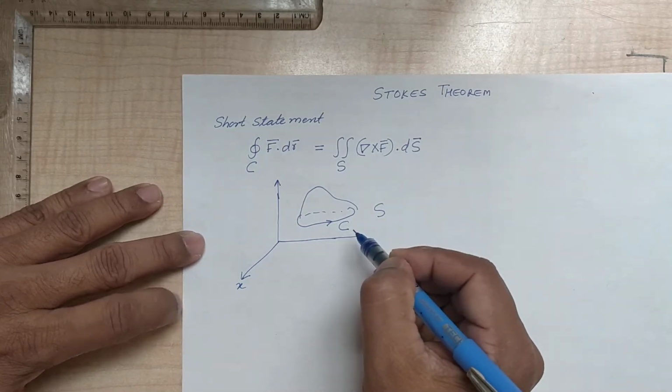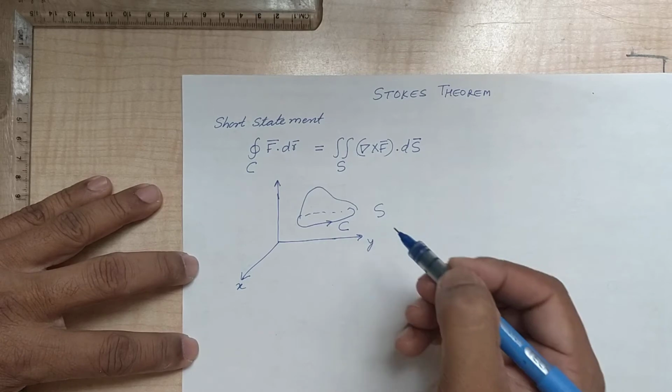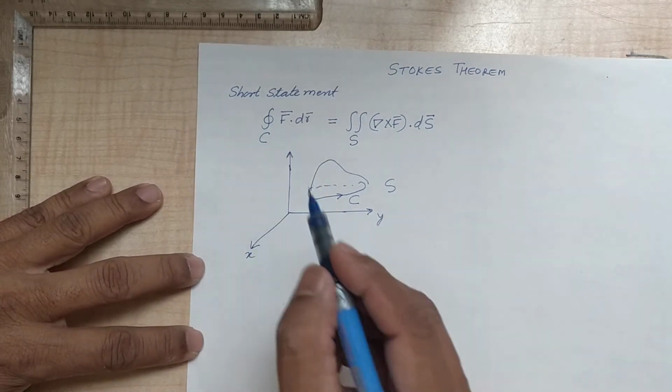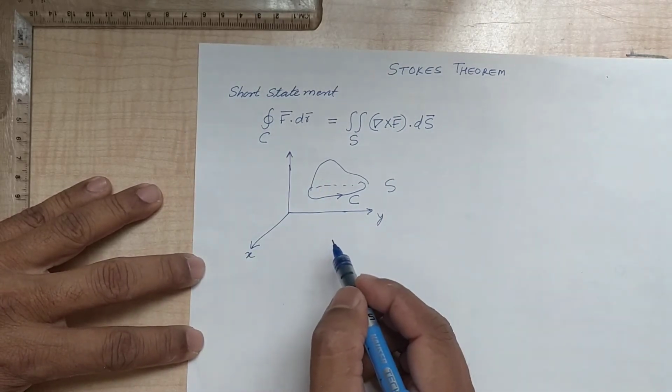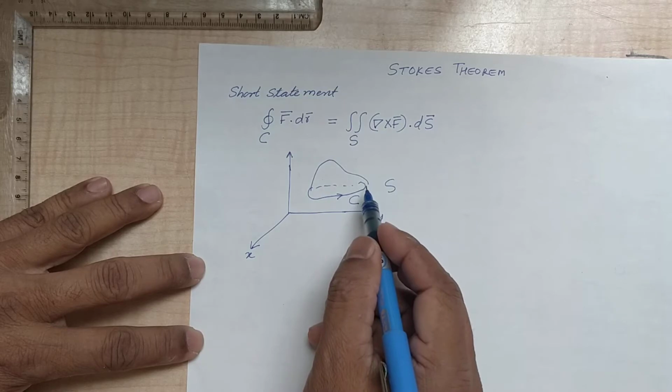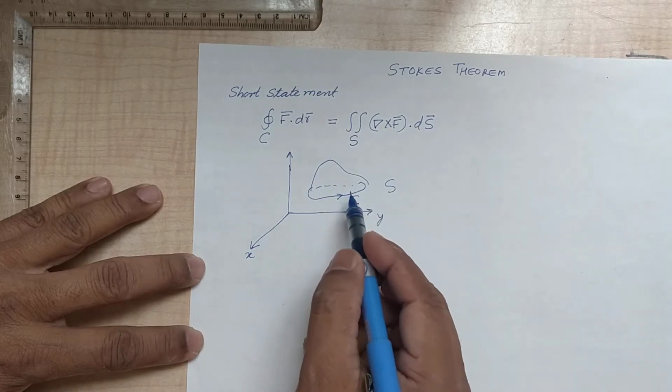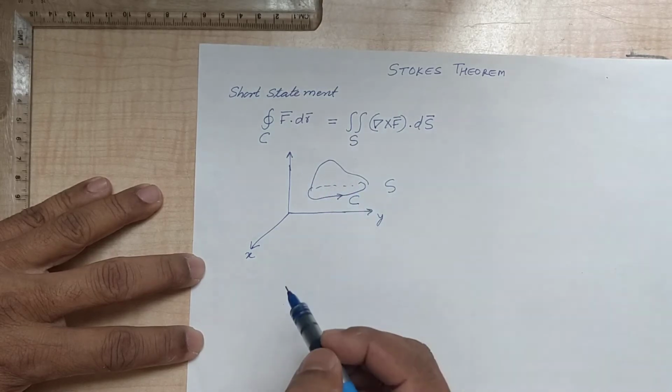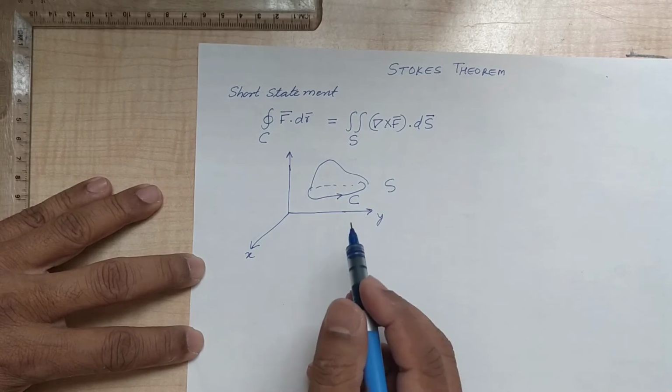Will not bother about it too much as of now. The left hand side therefore is something which is happening on the curve C. So it is the line integral over this curve C. That is the left hand side. What is the right hand side?